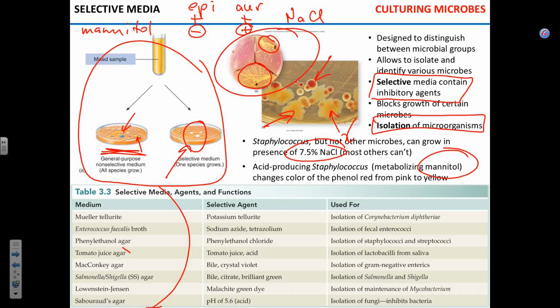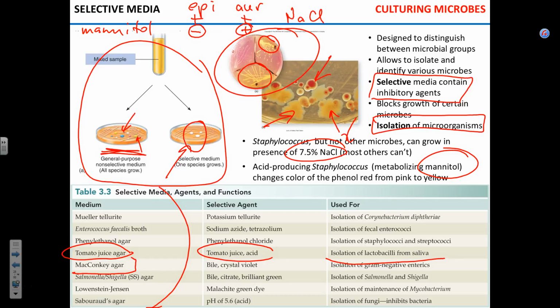For instance, we're not going to use tomato juice agar, but it's highly acidic, and it allows you to isolate lactobacilli, which can normally grow at low pH. Those are microbes that can ferment milk and produce different derivatives of milk, like buttermilk or yogurt. Okay, so they naturally grow in the acidic environment.